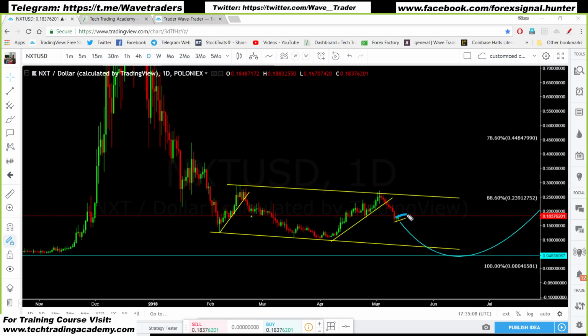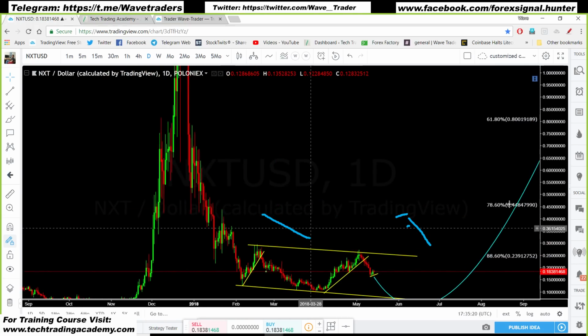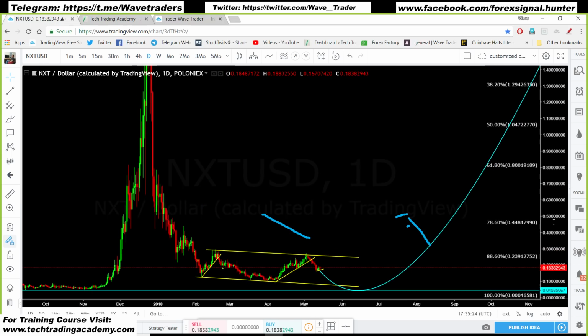All right, so this correction, one more drop. So that kind of wave at this area. Okay, and that is the wave you guys need to catch. So very nice setups are forming on these charts.